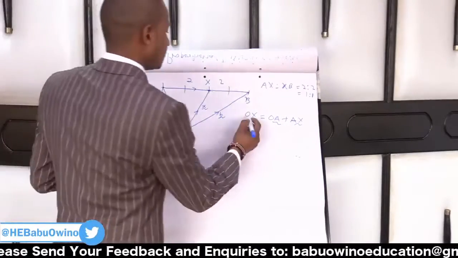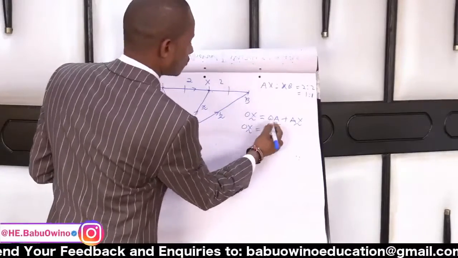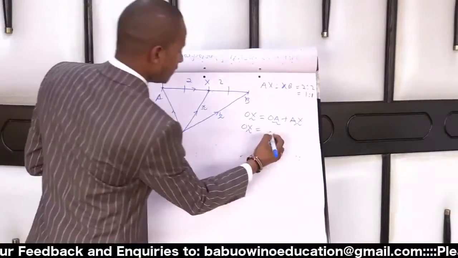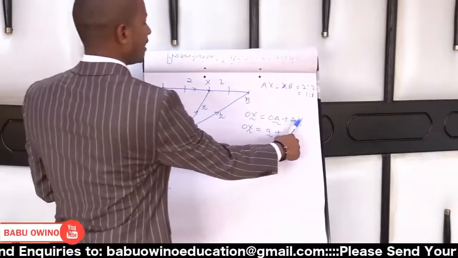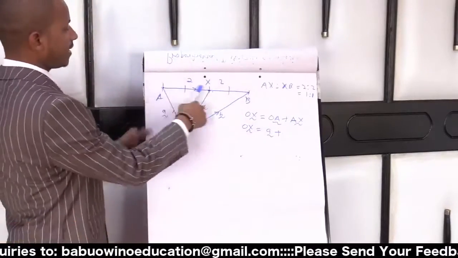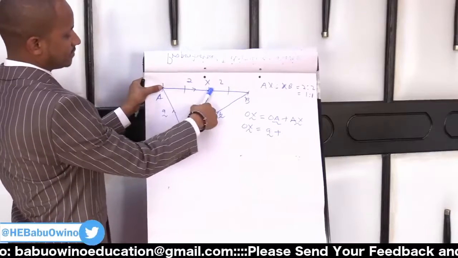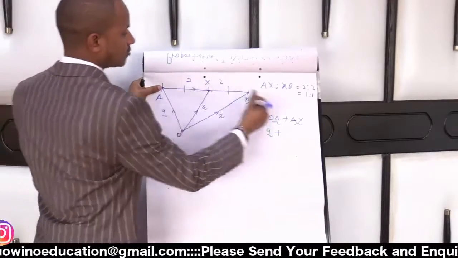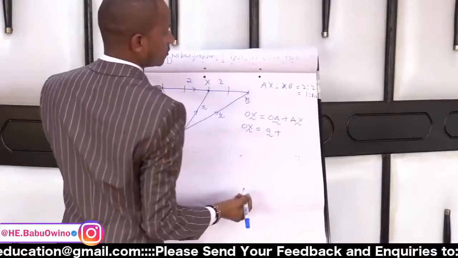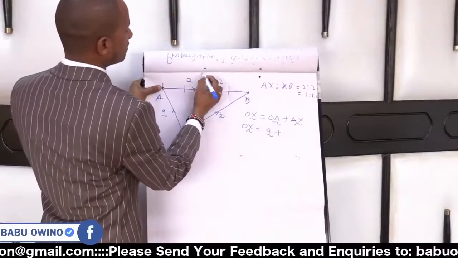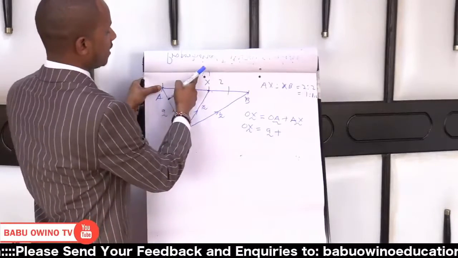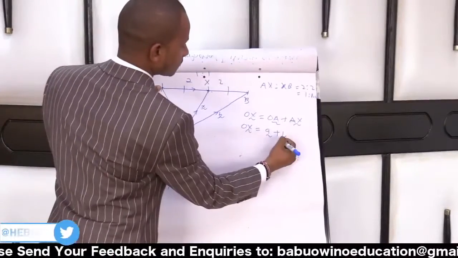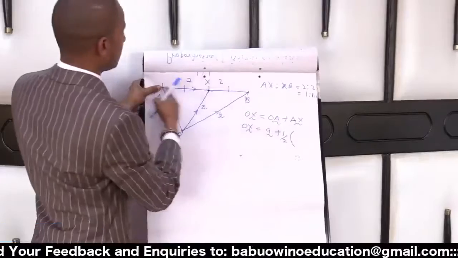But OX equals OA, which is A, plus AX. The total ratio here is 2. So 2 is to 2 is the same as 1 is to 1 when you simplify the ratio. So it is 1 divided by the total, which is 2, of AB.